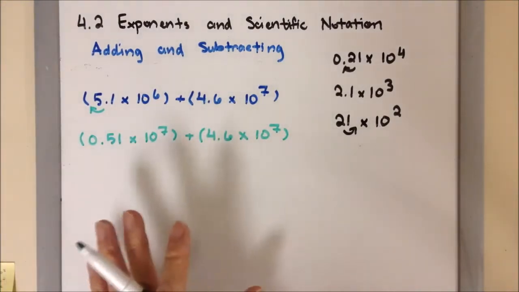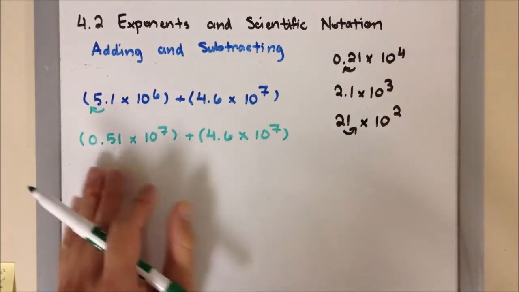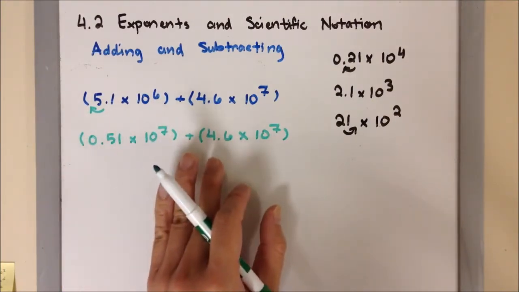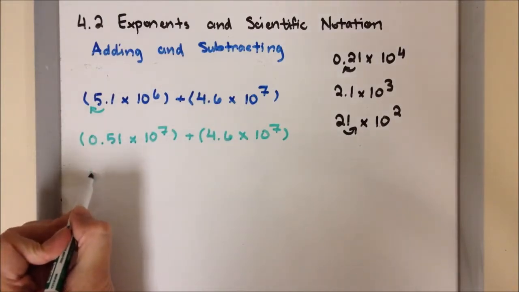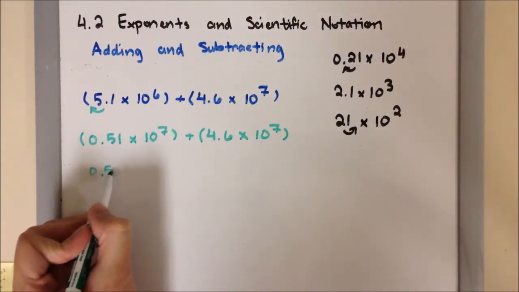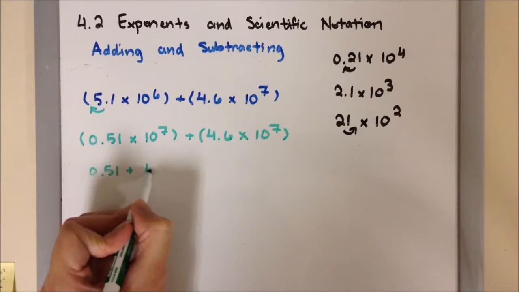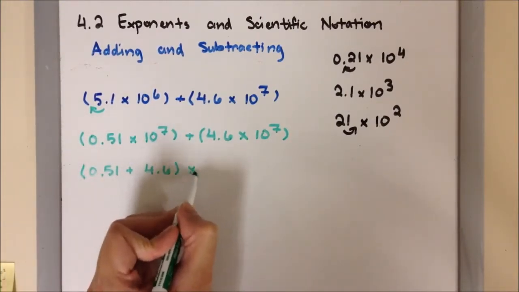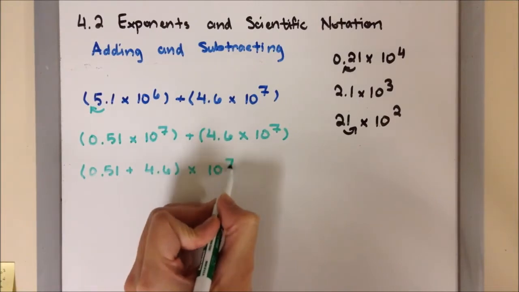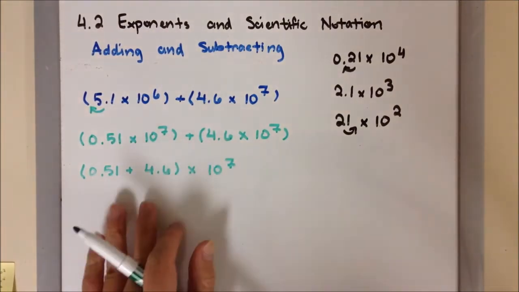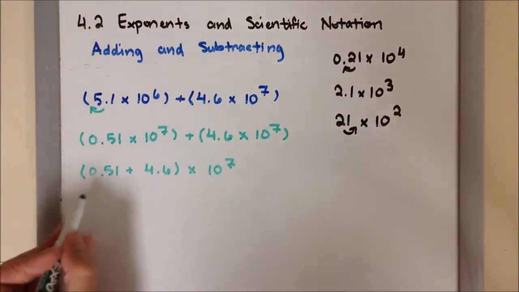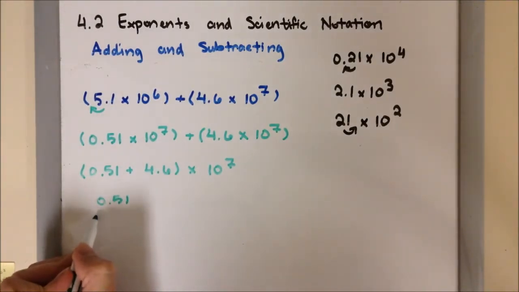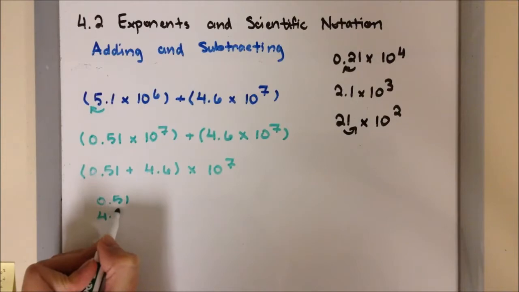Alright, so now I have the same exponent on the 10s, so I'm just going to add 0.51 plus 4.6 times 10 to the 7th. And then again, I'm adding, so I'm going to line up my decimals. So 0.51 and then 4.6.